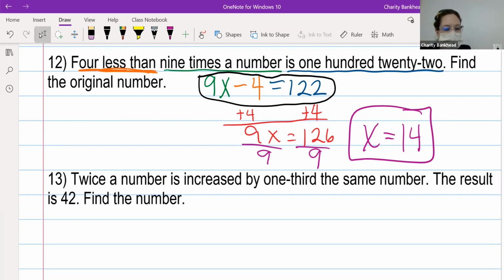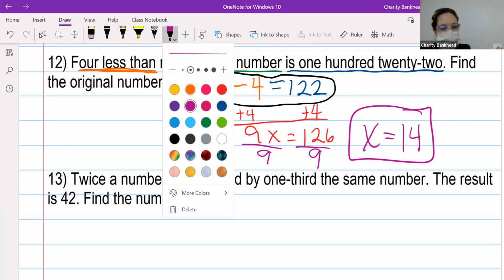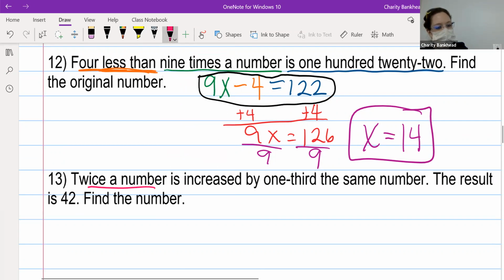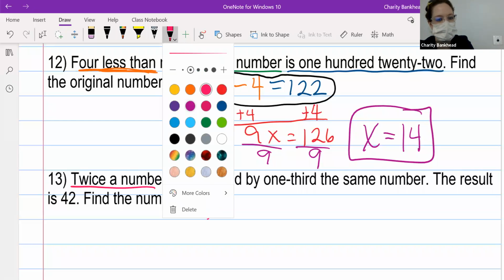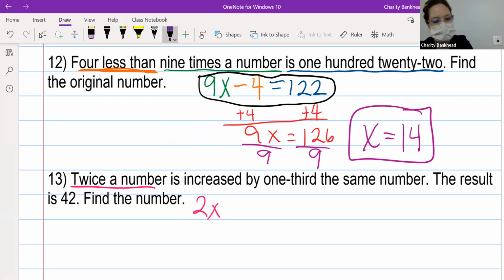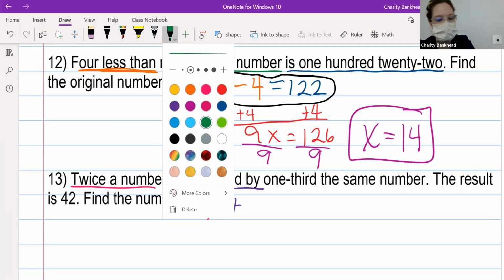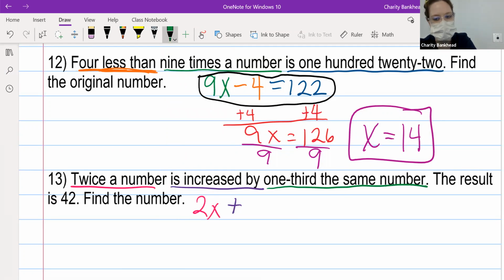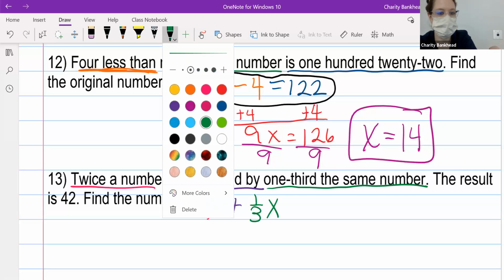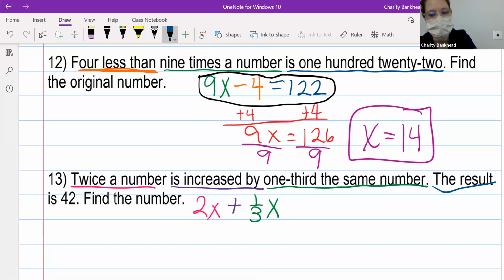All right, number 13 says twice a number, so that'd be 2x, is increased by, so that would be plus 1/3 the same number. So that'll be 1/3 x. And then the result is 42, so equals 42. So that is our equation.